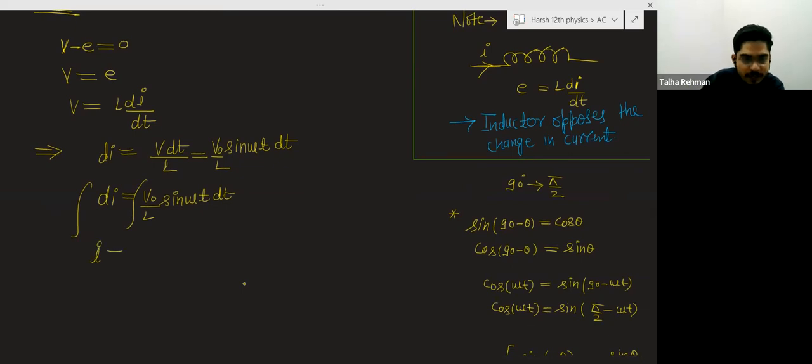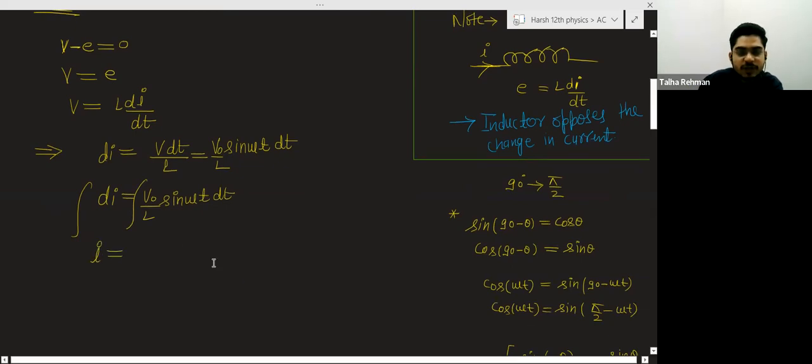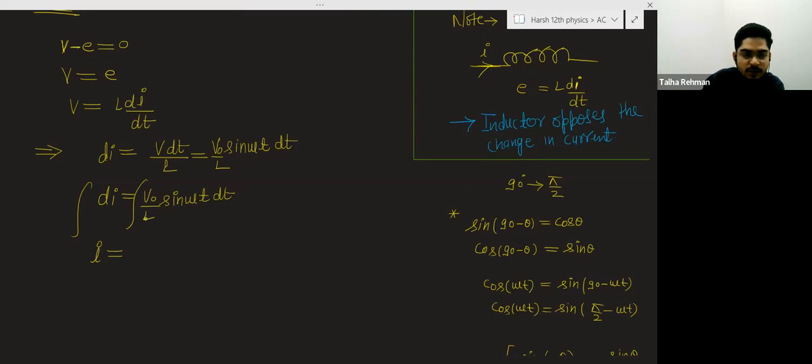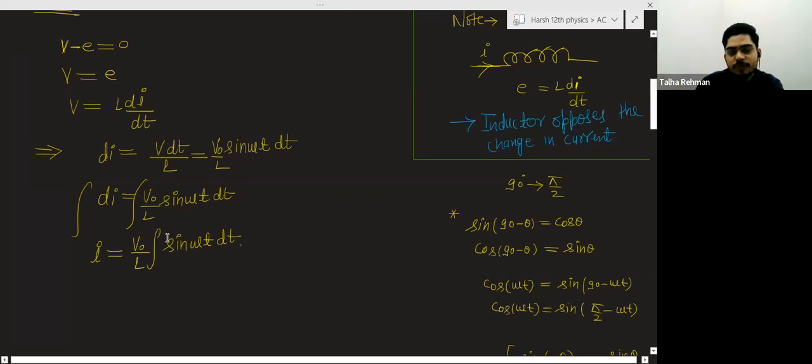So the total current in the circuit is equal to, this V naught is constant, L is constant, so this will be out of the integration. So it will be V naught by L, and you will get the integration of sine omega t into dt. Now the integration of sine omega t is minus cos omega t by omega.